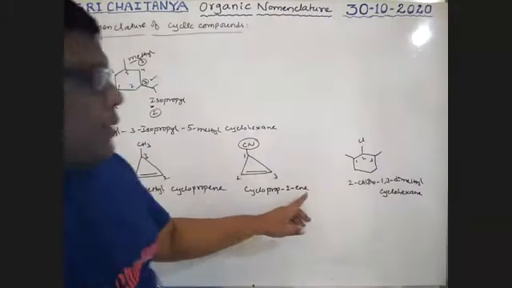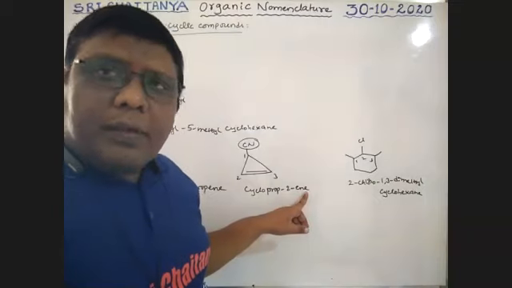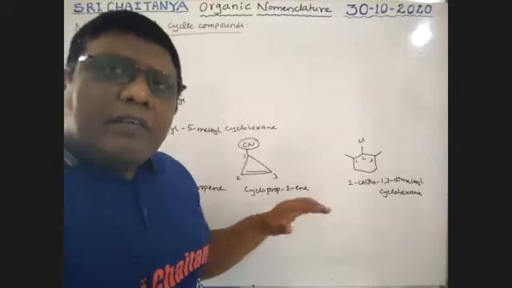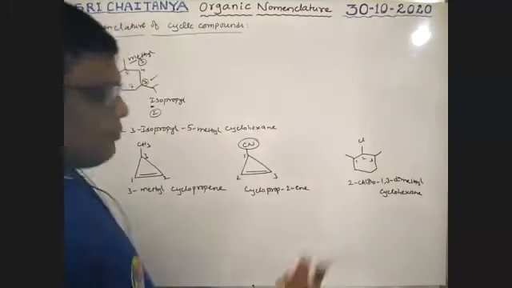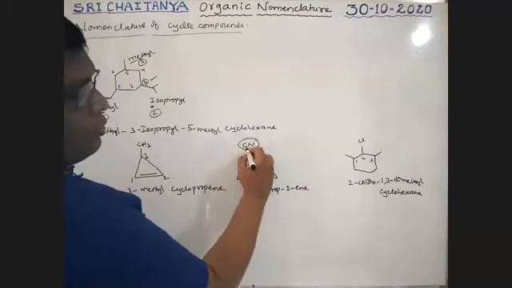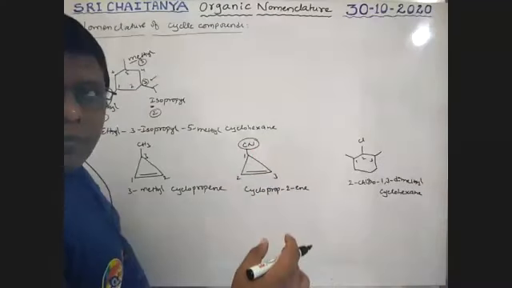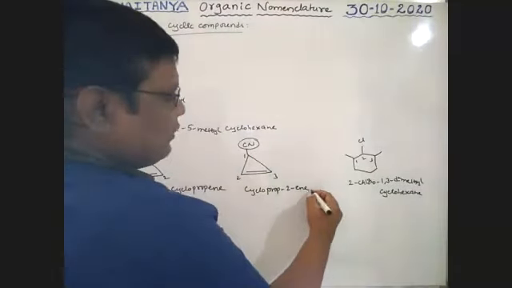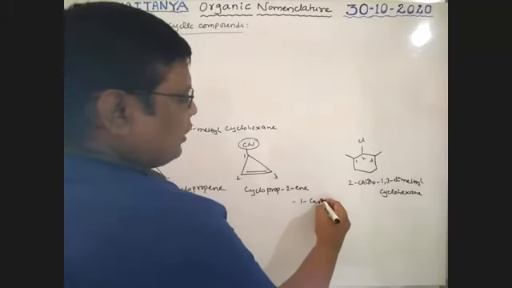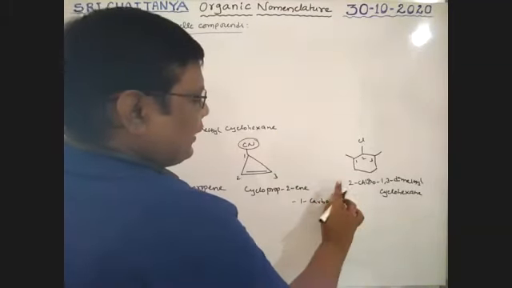Boys, sometimes the E is retained, but sometimes this E is replaced. When is it retained and when is it replaced? Let us observe. What is the name of this group? CN means carbonitrile. Therefore, it is 1-carbonitrile.